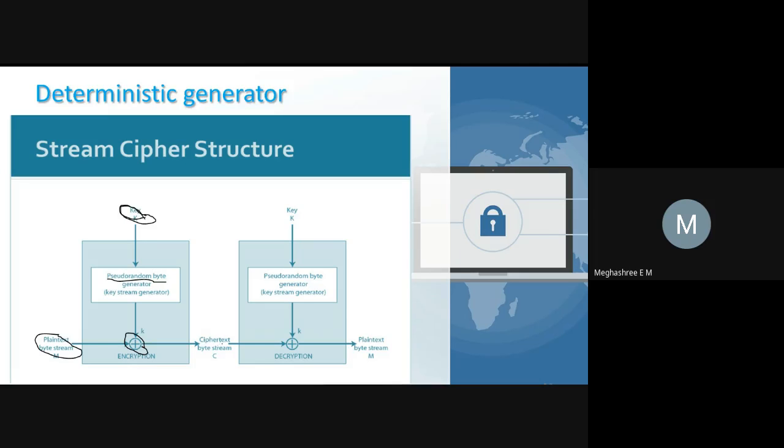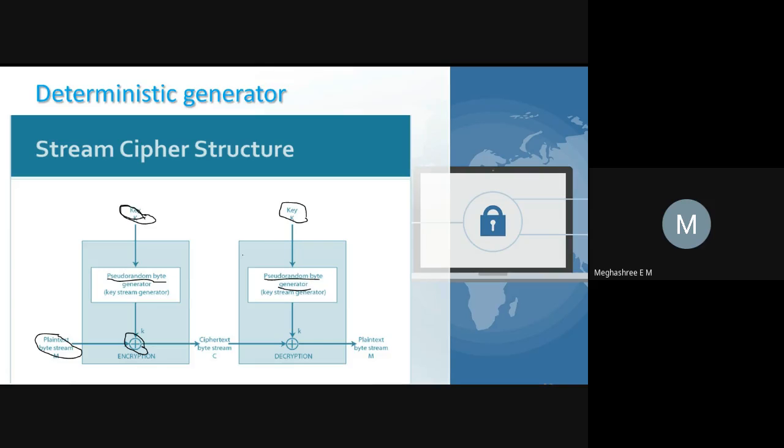Once it is received at the receiver end, the decryption algorithm is applied, where we also apply the key along with the decryption algorithm. This key is the same as the earlier key if we are following symmetric encryption, so the same pseudo-random byte generator is used. When you apply this key along with the decryption algorithm at the receiver end, the plain text is recovered.